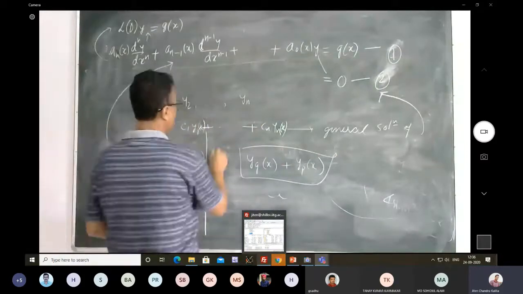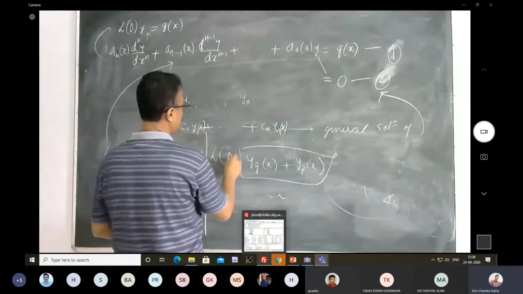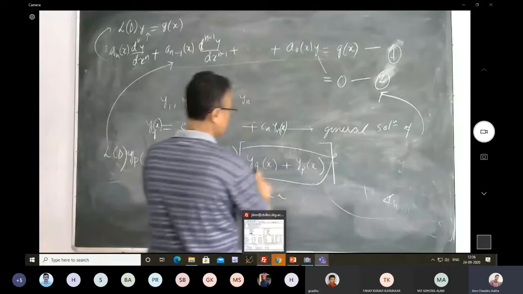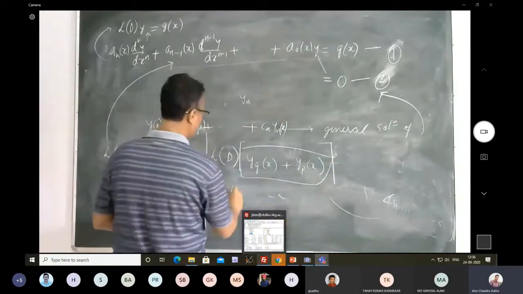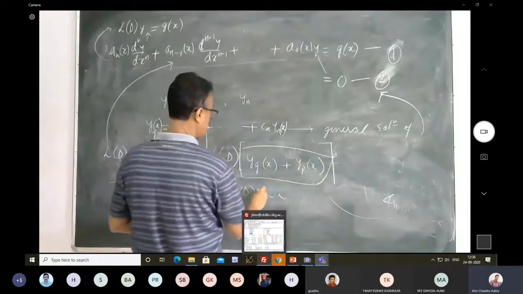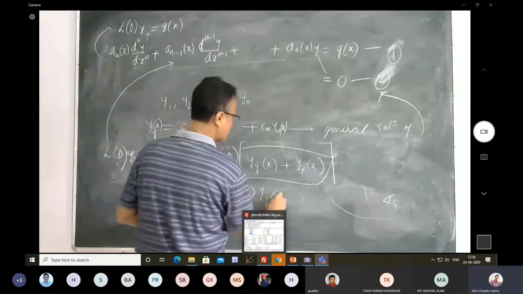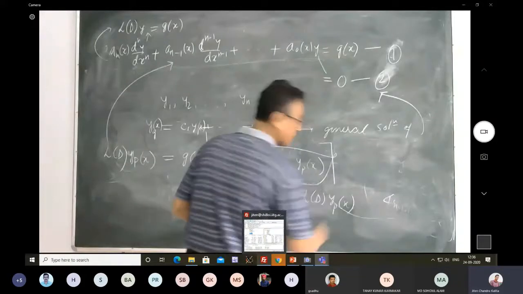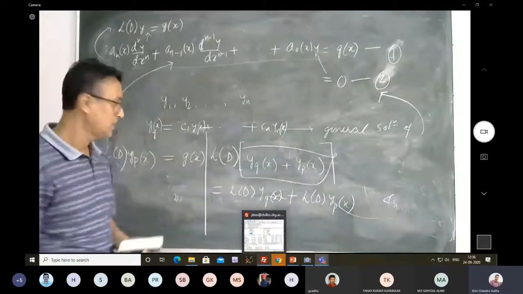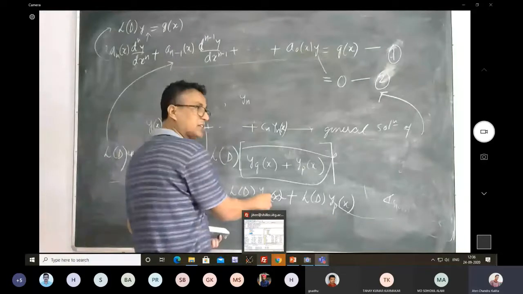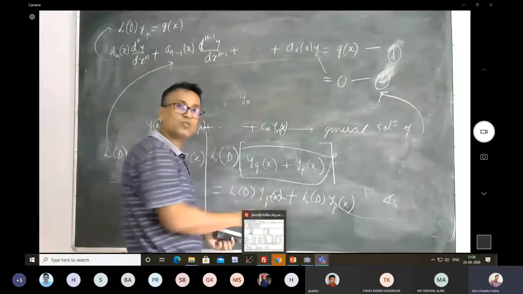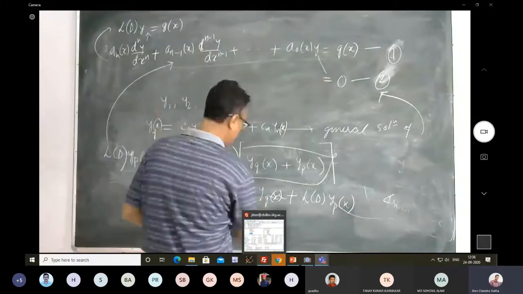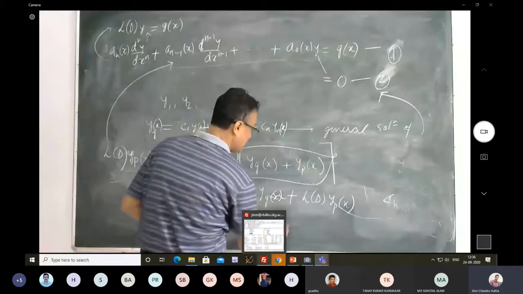If I operate L(D) on this, it is going to give me L(D) y_h(x) plus L(D) y_p(x). Since y_h(x) is nothing but the general solution of the homogeneous counterpart, this is going to give me 0, and this is simply going to give me g of x.